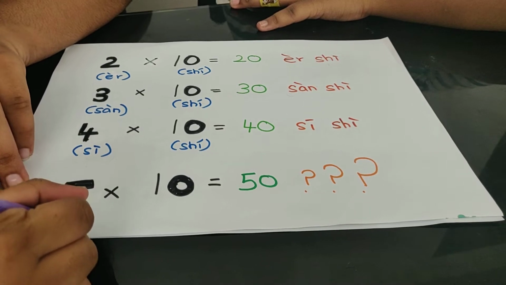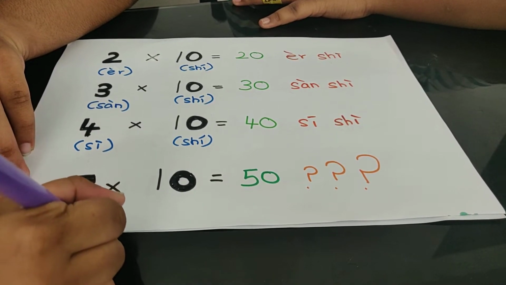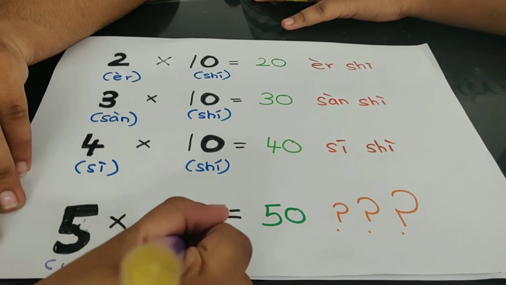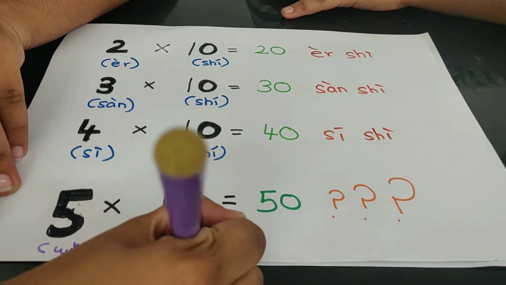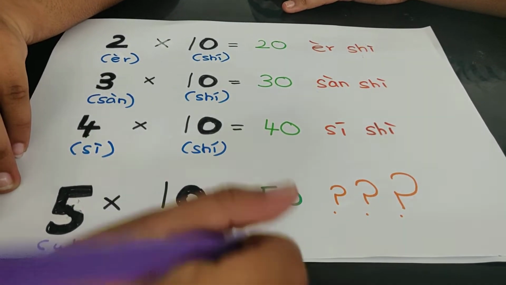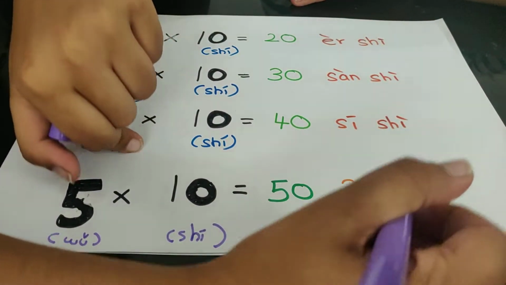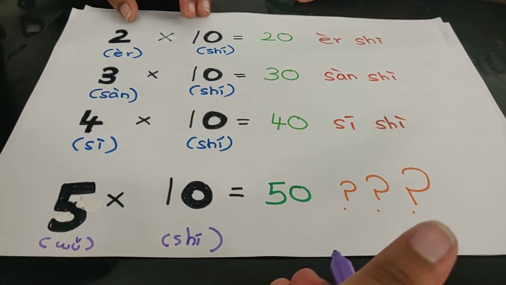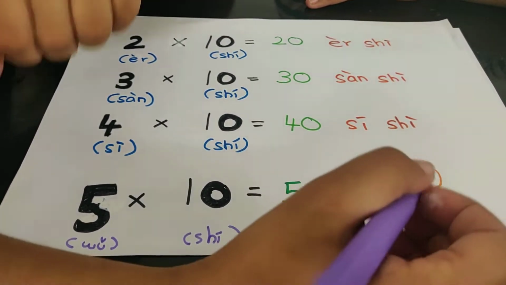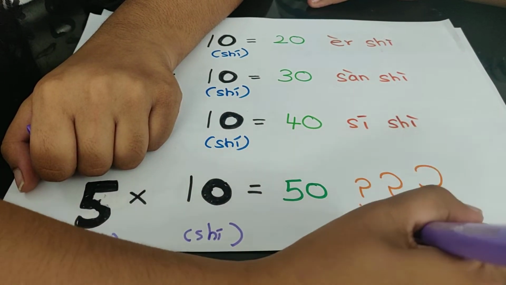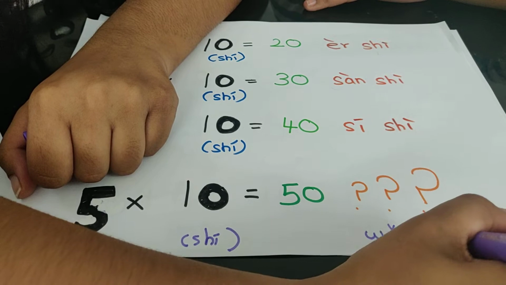We know that 5 is wu and 10 is shi. So as we did for the other numbers we just learned, what is the answer to this, Manha? Wu shi. Correct. So it's wu shi.